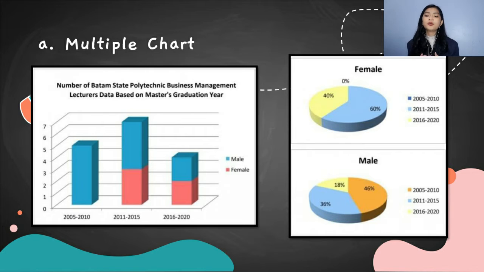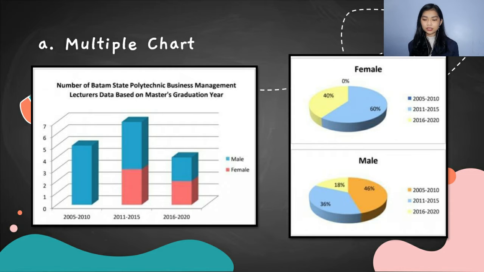On the pie chart, we can get information about the number of lecturers who passed a master's degree by gender. Only 10% of female lecturers graduated in 2005 until 2010. This information aligns with the column chart that didn't have pink bars in 2005 until 2010.